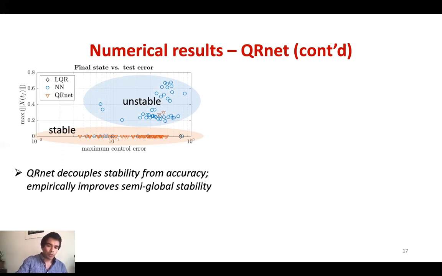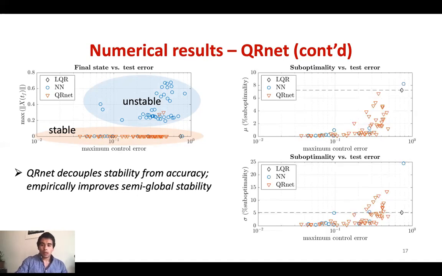If you have a sharp eye, you'll notice that the LQR is actually doing a great job stabilizing the system. So why do we bother? Well, for this problem at least, we'll see that the neural network and the QRnet, if you look at just the stable ones, are going to do a lot better than LQR.